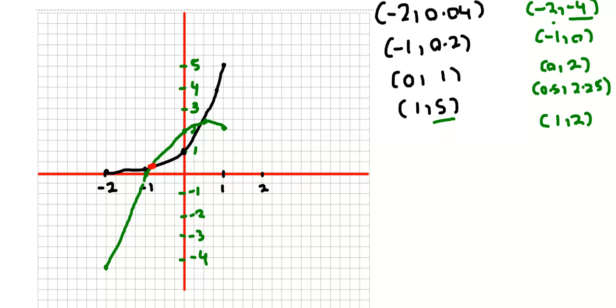I'll try and do them in blue once again. You can only be as accurate as you can be, to be honest. So I would say about 0.4 and 2.3 for this point here. 0.4 on the x-axis, it's below 0.5. Sorry, my fault, I shouldn't have done it that way. I'll do dotted lines, straight down.